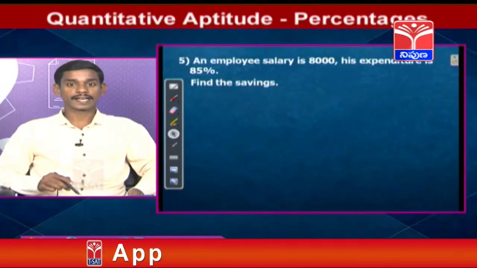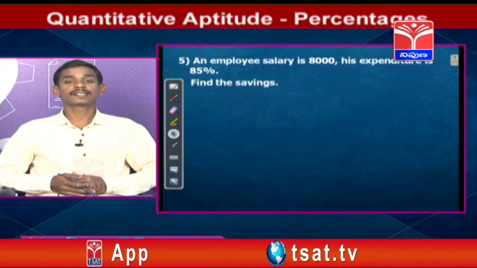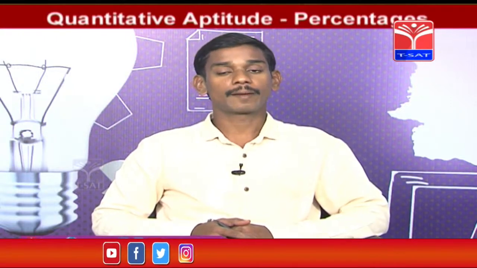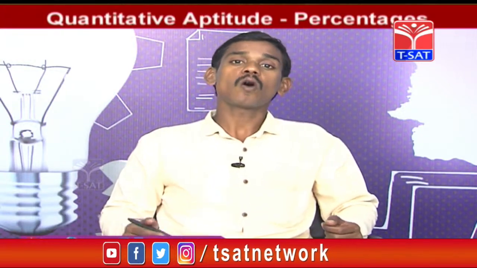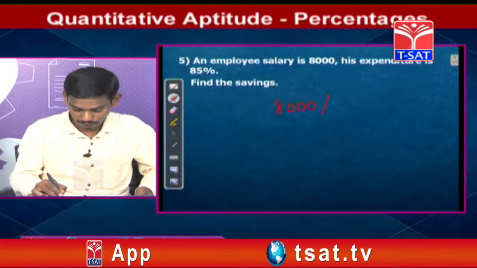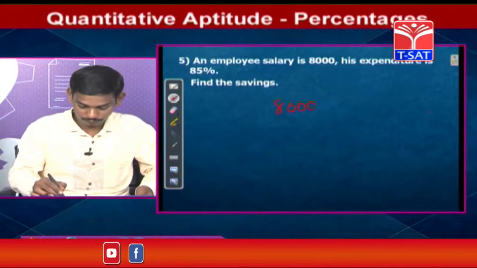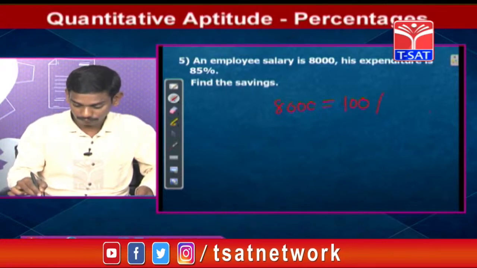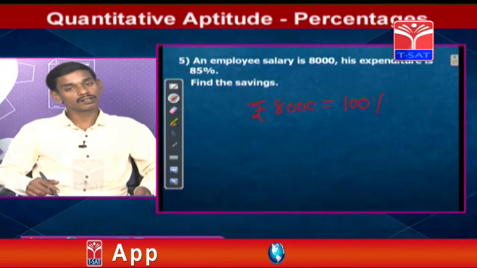An employee salary is 8,000 and his expenditure is 85%. Find his savings. So here an employee salary is 8,000. This is equal to how much percentage? This is equal to 100%. So total salary is always 100%.